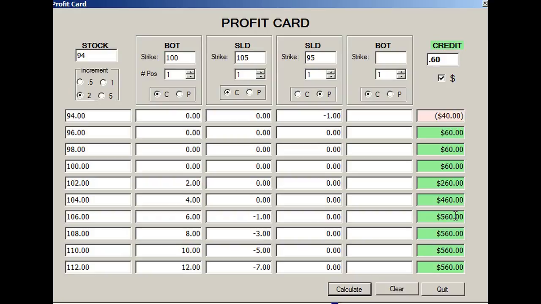But you can see right away that it pays to look for ways to sell an option to pay for your long options, whether it's an individual option or an option spread. You can see that it can make a dramatic difference in the break even and in the payback.